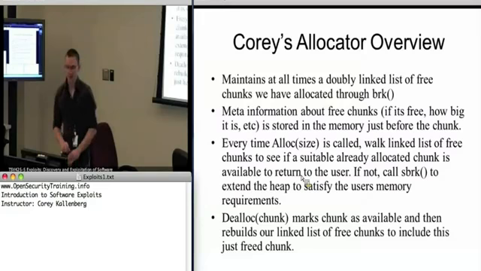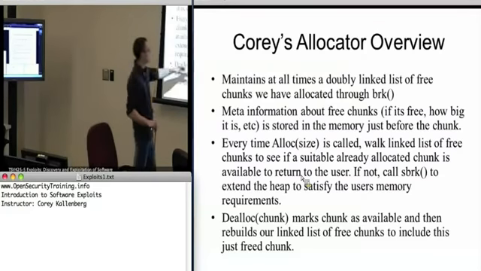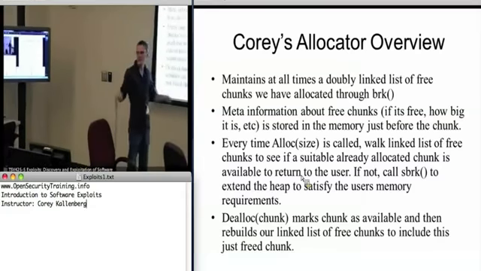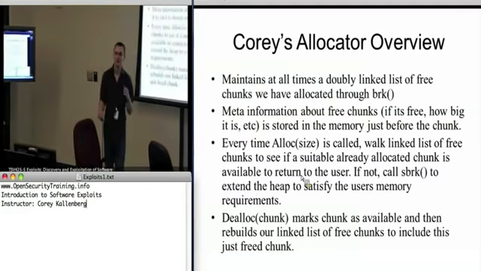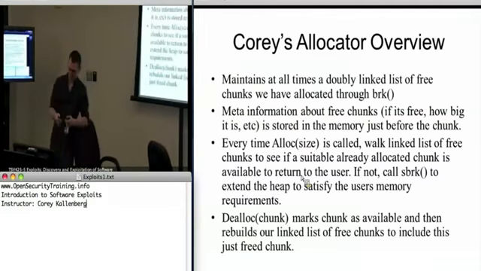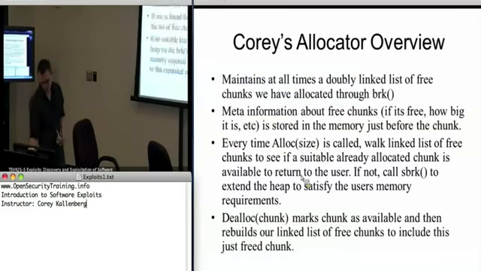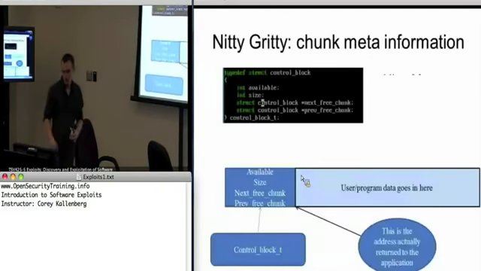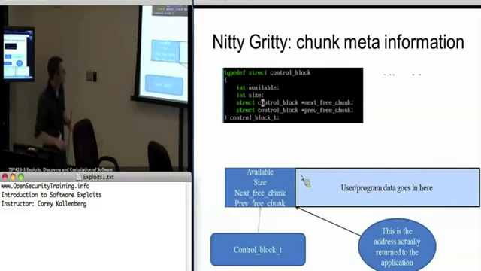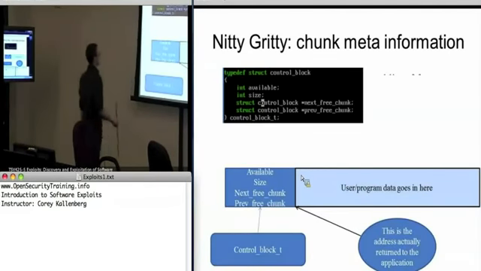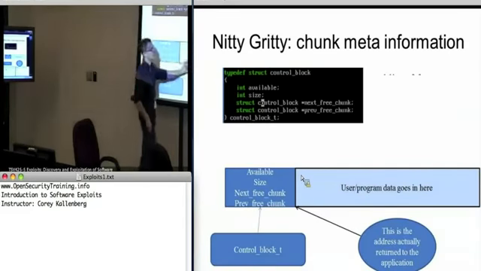And then the dealloc function basically just sets that one bit field in the meta information to not free anymore. Free equals 0. Okay, so this is pretty much just like what I showed you before. This is one of our chunks that we get with an alloc.